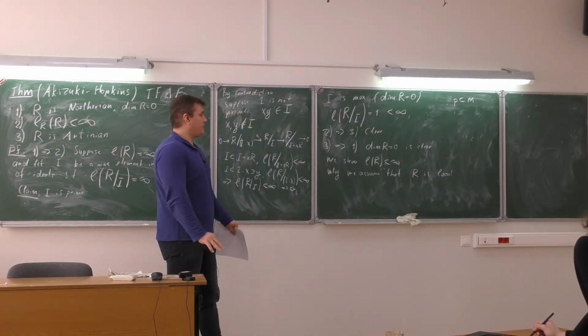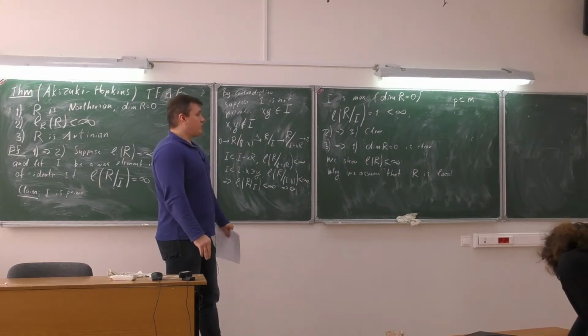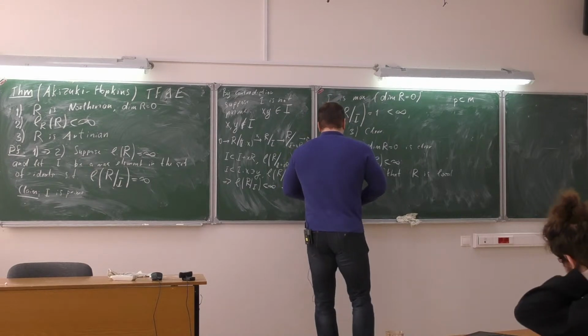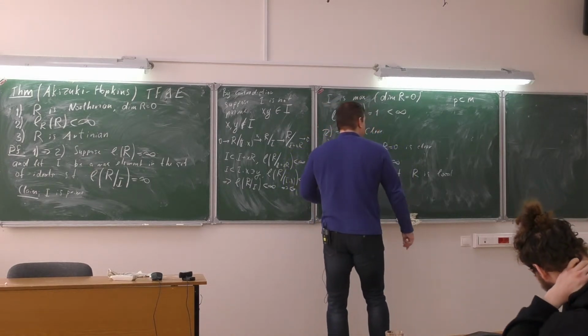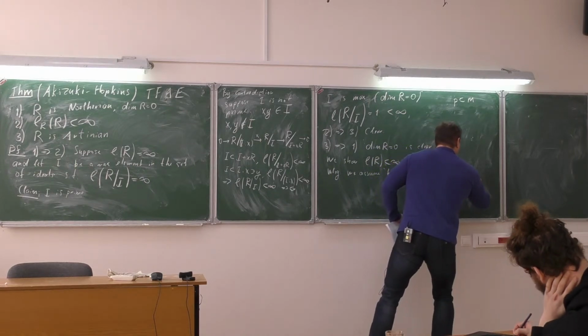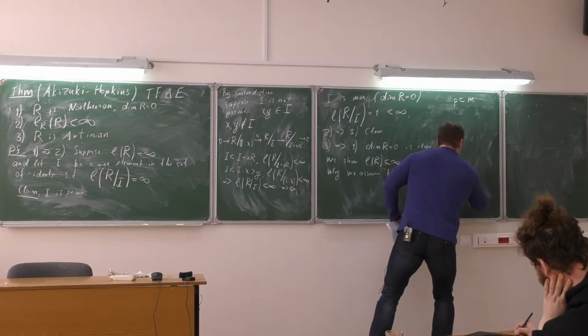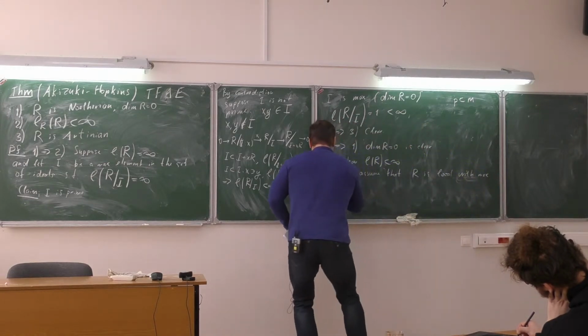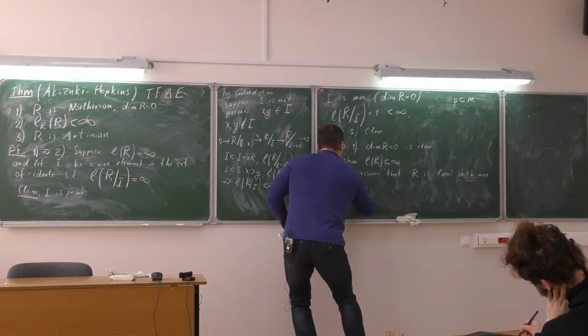If I can prove that the statement is true for each of the components, it will be true for the whole ring. So R is local with maximal ideal M.